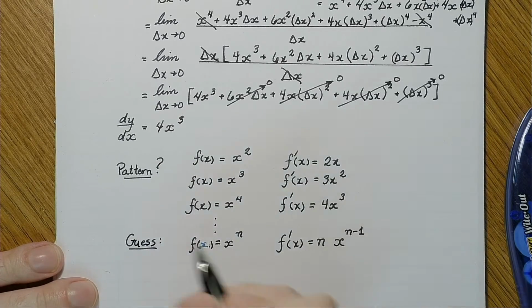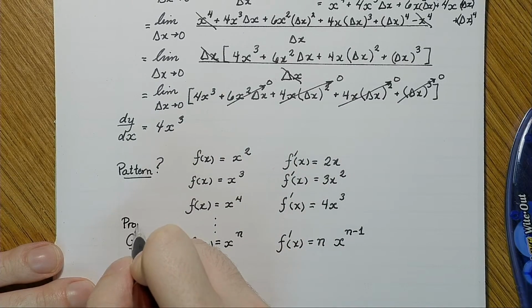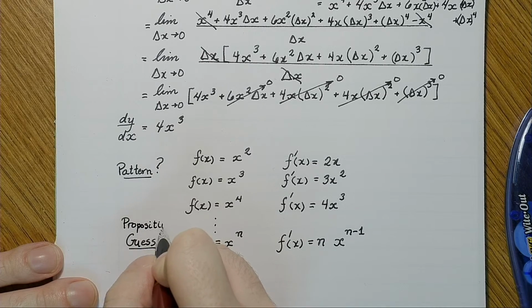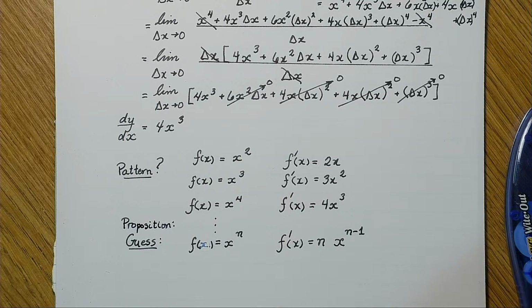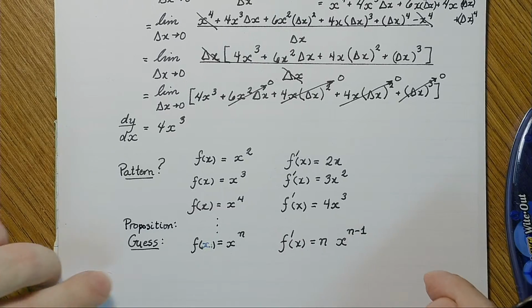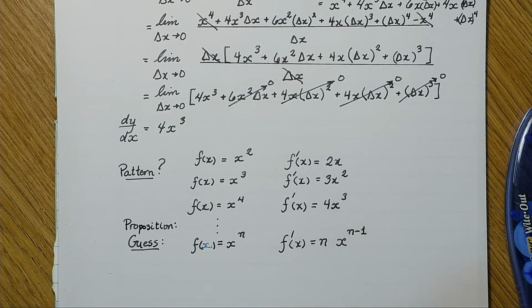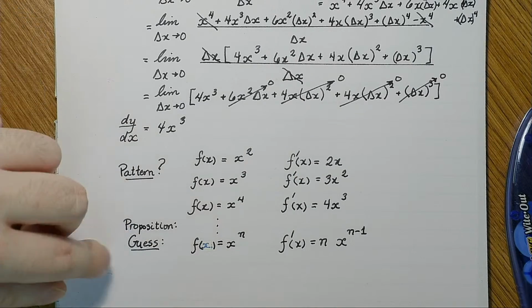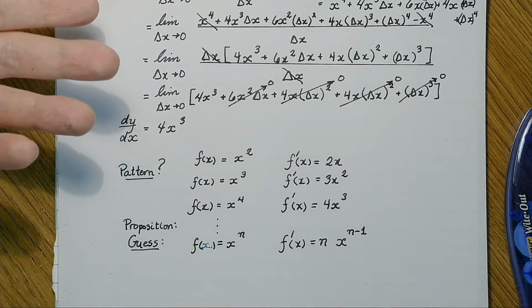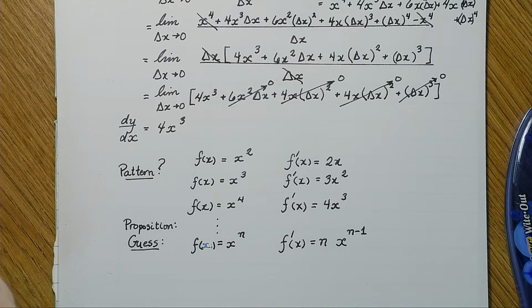Or in mathematics, we can have it as a proposition. So again, like from 106, we did proofs with propositions. It's not good enough in math to just say that we see a pattern and this is our guess, that we've had some inductive reasoning.